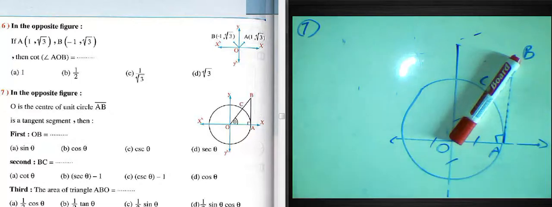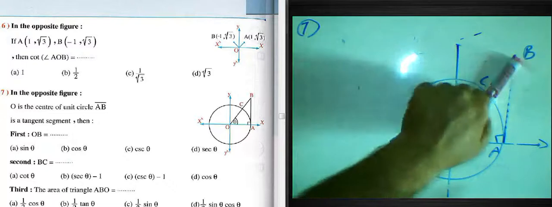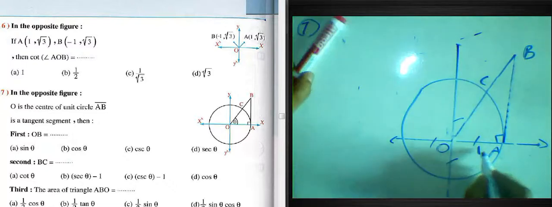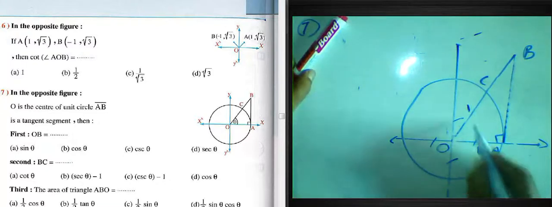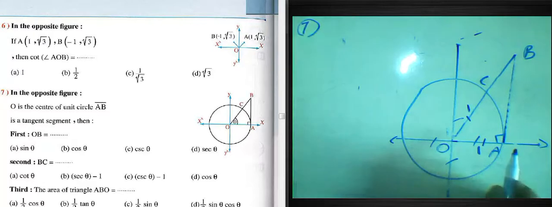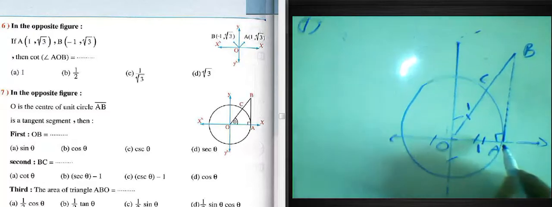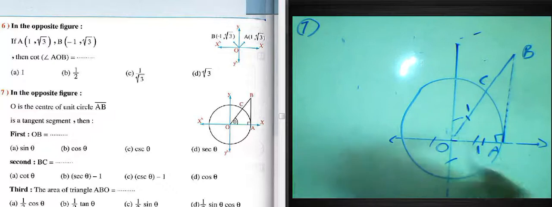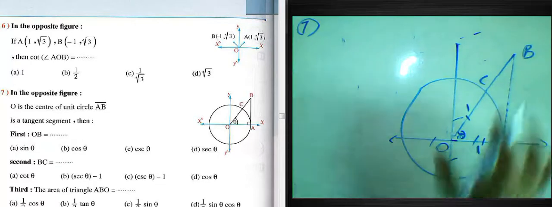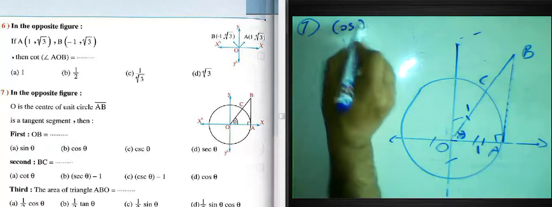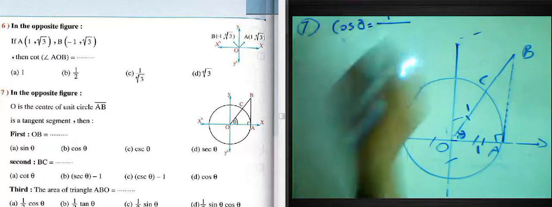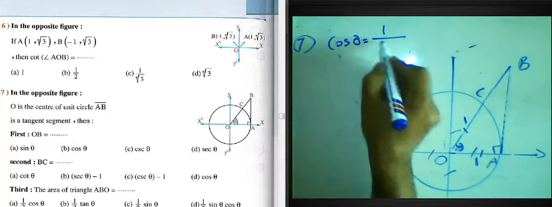We know it's a unit circle. The unit circle length here is 1, and this is 1 unit. We want to find OP, in terms of this angle theta. We know cosine theta equals 1 over OP.